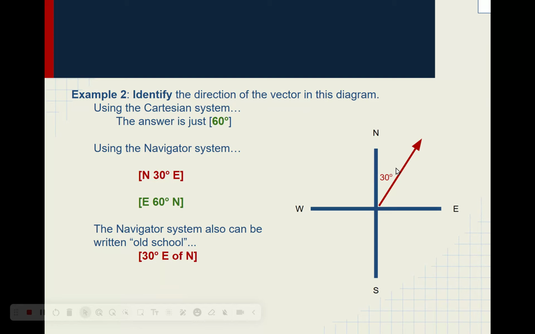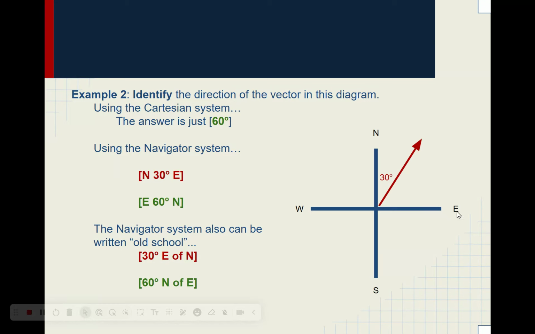So 30 degrees east of north. Now, if that's true, then using the complementary angle, I would have been going 60 degrees towards where north is, starting from east. So 60 degrees north of east.